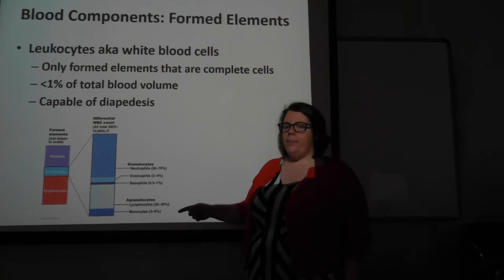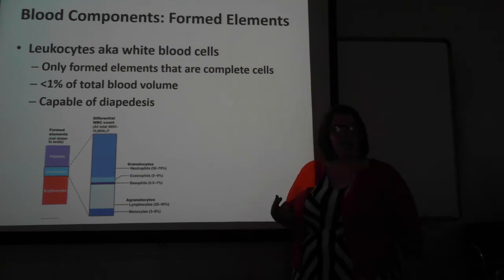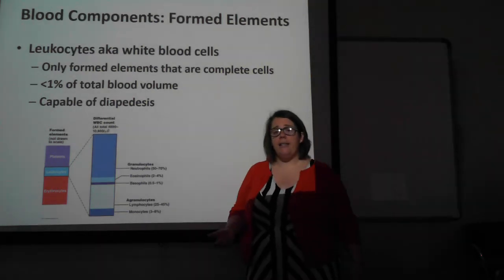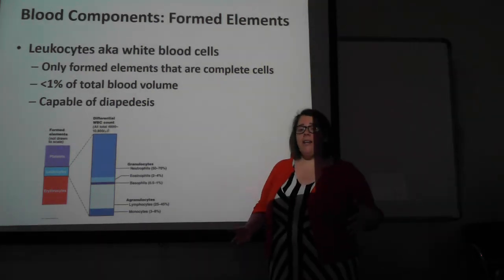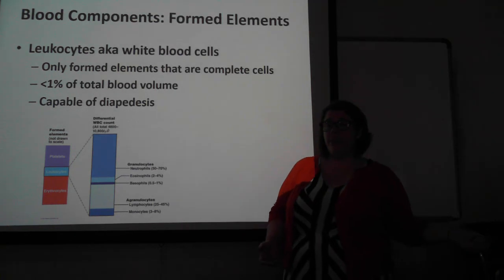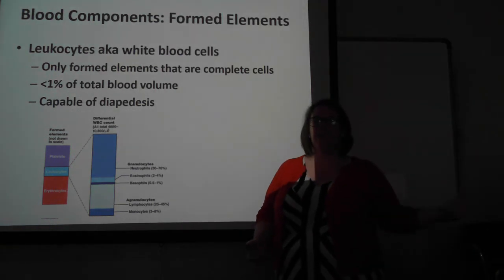Now, white blood cells are capable of doing something that not many other cells are capable of, and that's this thing called diapedesis. And what that means is a white blood cell is capable of leaving the bloodstream and moving into a tissue.